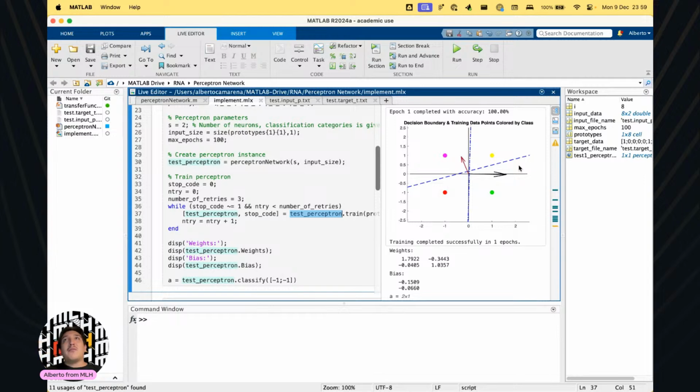For example, for number or digit recognition, it's very simple. A one is a one, a two is a two, a three is a three, and so on.